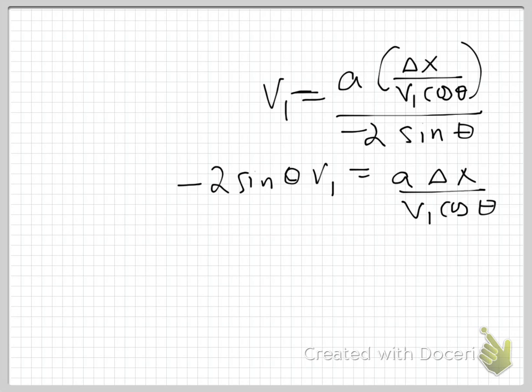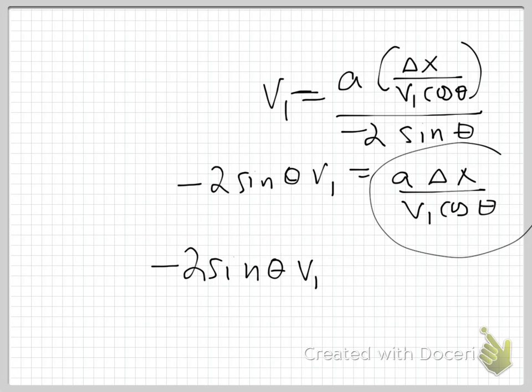So I've got this. At this point, what can I do to rationalize this side? Multiply the other side. So that's right. I knew there was a squared in here somewhere. Okay, so I end up with negative 2 sine theta vi times vi cosine theta equals a delta x. In other words, vi squared. Okay, this isn't so bad. It's okay. It's just algebra, I swear. Okay, so I'll recopy that whole line.